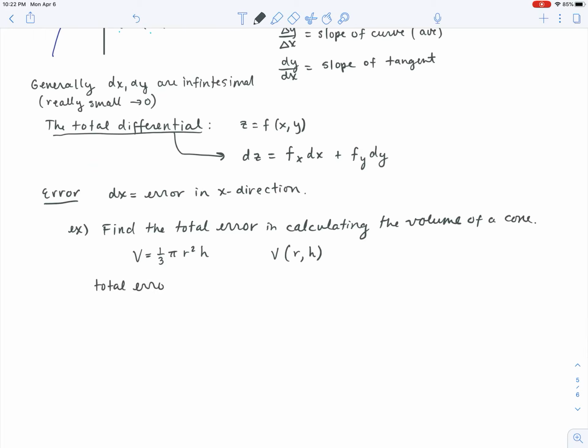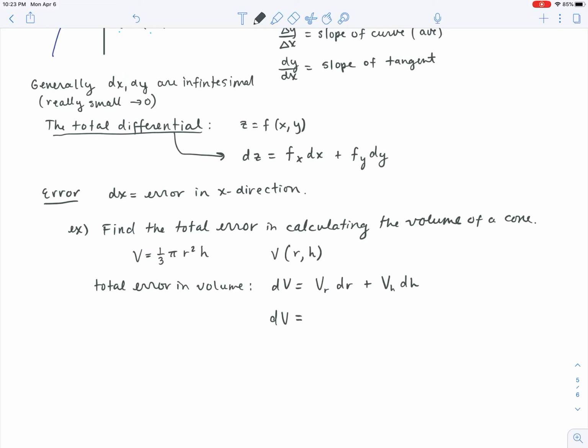The total error in volume is going to be dV. And that is going to be equal to the derivative of V with respect to r, dr, plus the derivative of V with respect to h, dh.